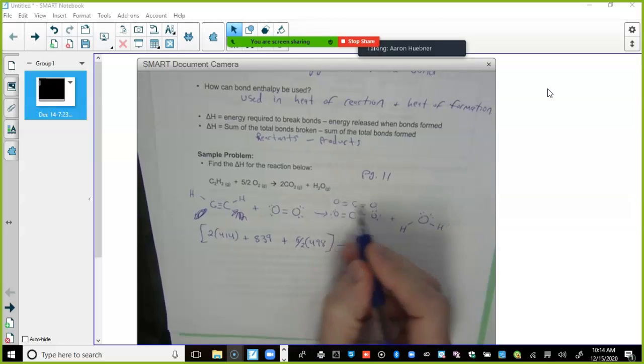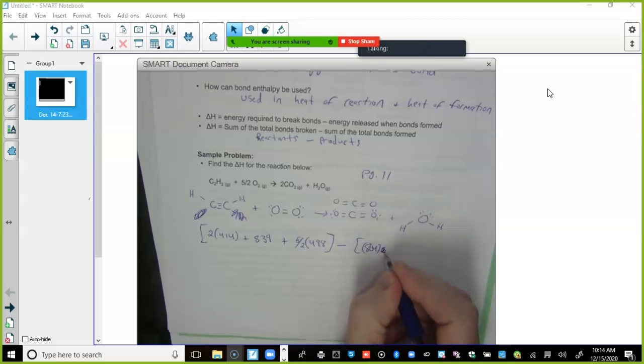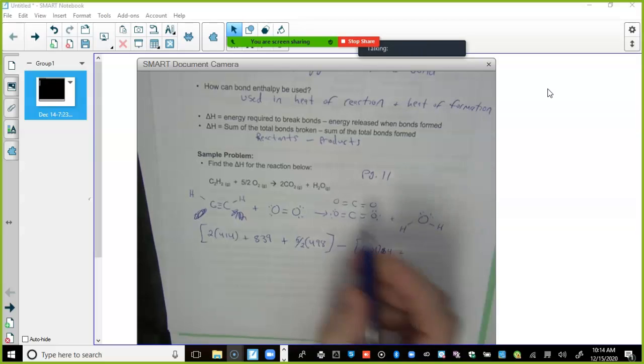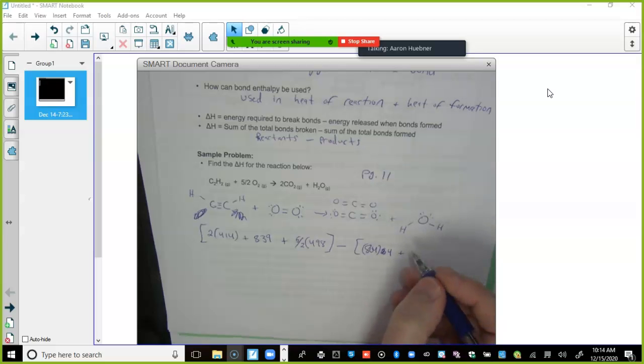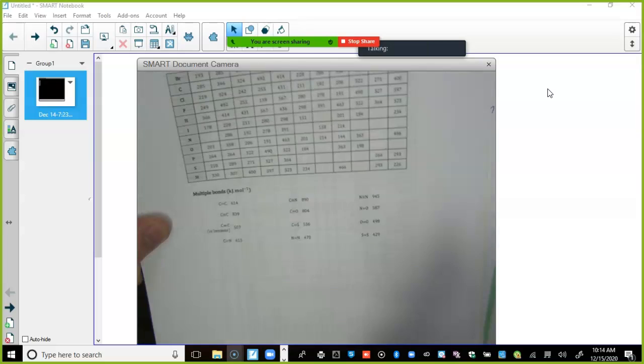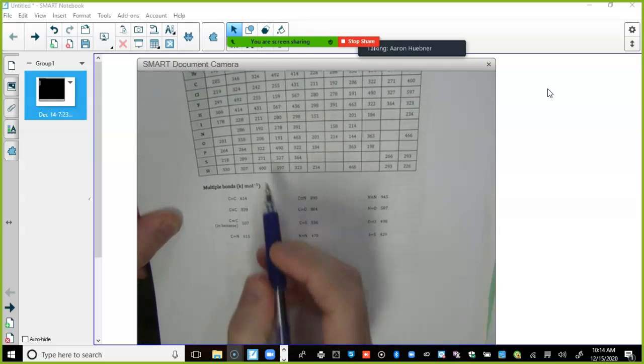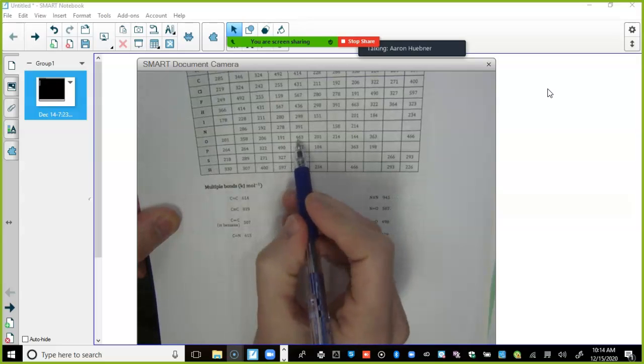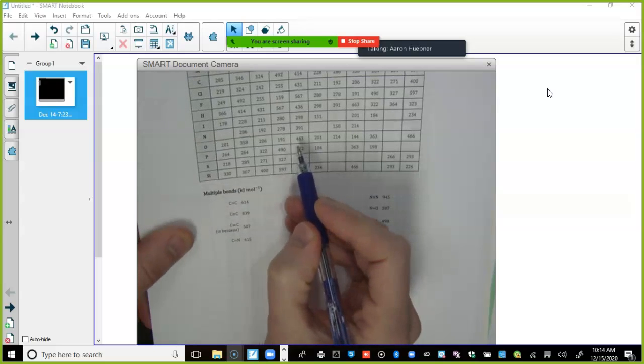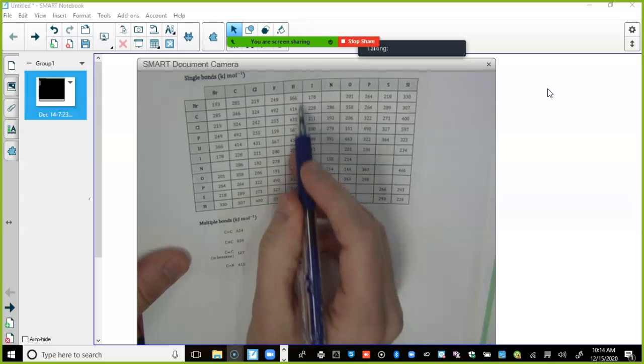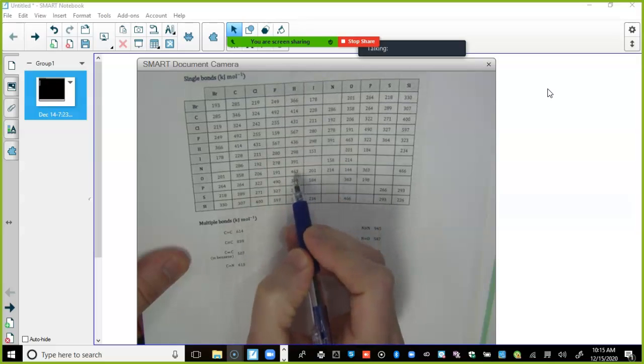I've got 1, 2, 3, 4 of them. Plus H2O, looks like I just got 1 of them. Oh, but I've got 2 OH bonds. Oxygen, hydrogen 463. Hydrogen 463.